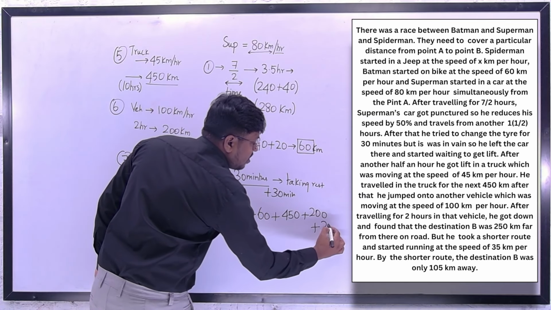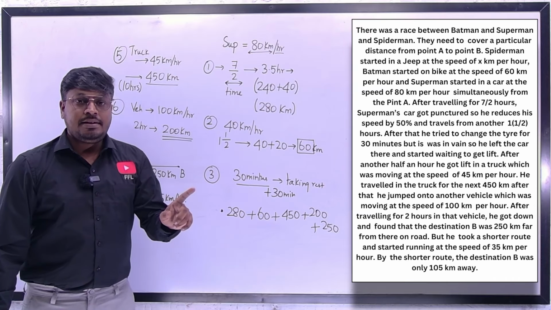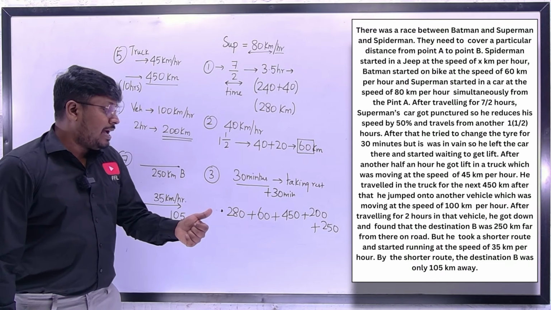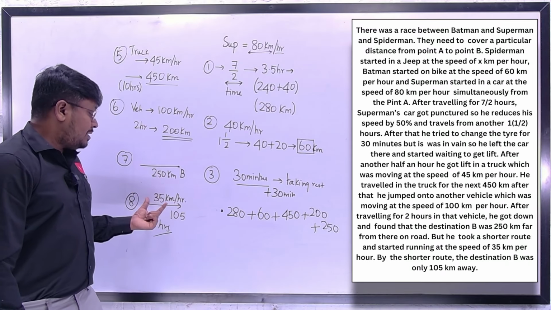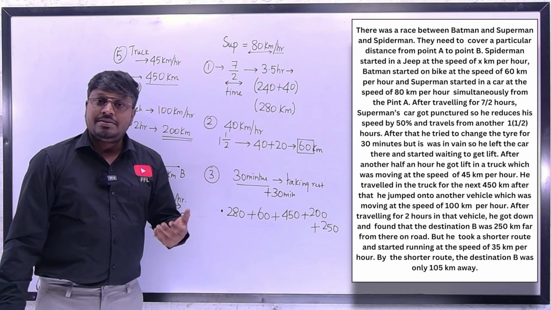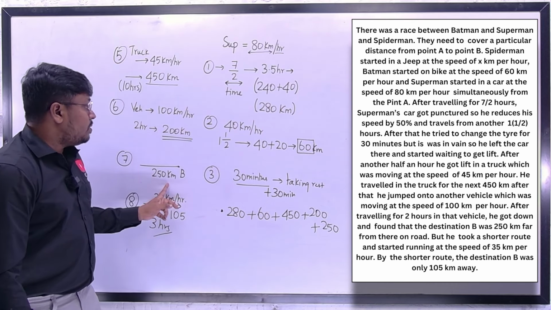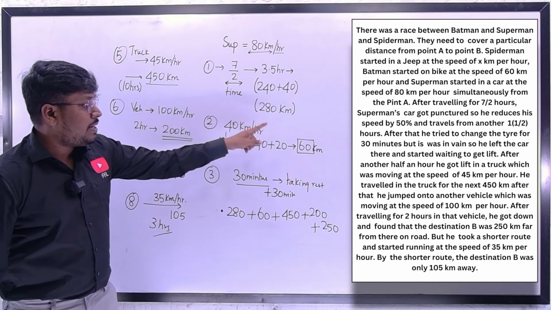We should not take the shortest path. Why? Because he is going in a different direction, but the actual distance between A and B will be 250. What the Superman is doing is going in the shortest path in order to reach faster, but that's not the point. The actual distance between A and B should be 250, 200, 450, 280, 60.